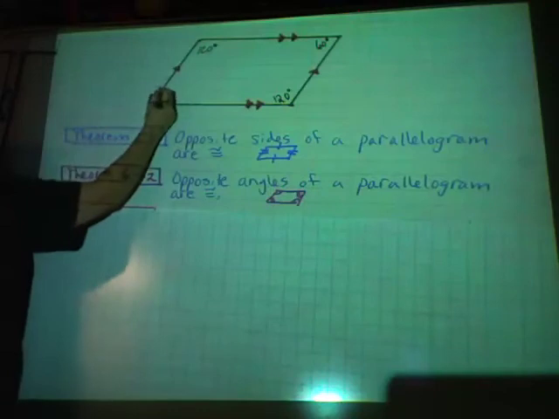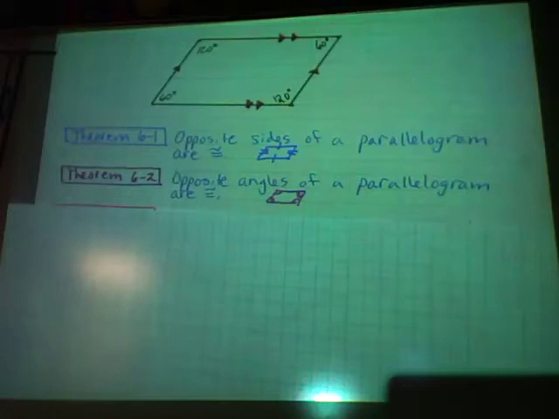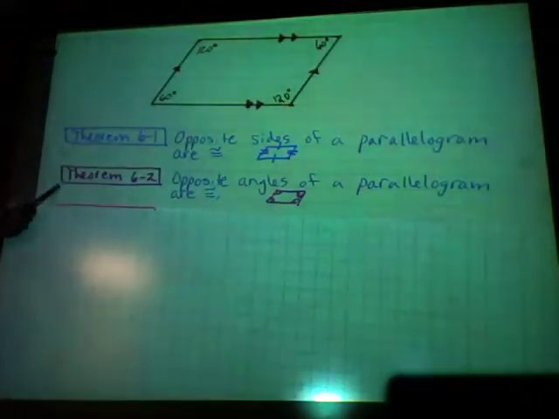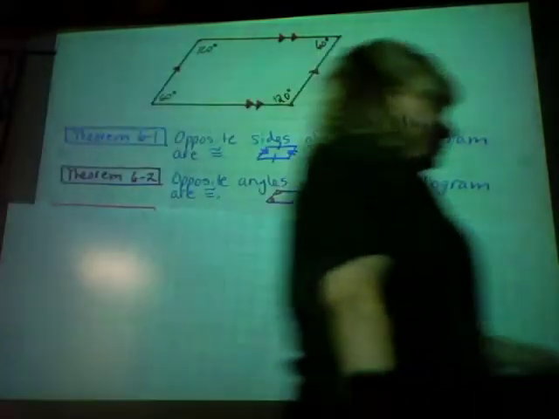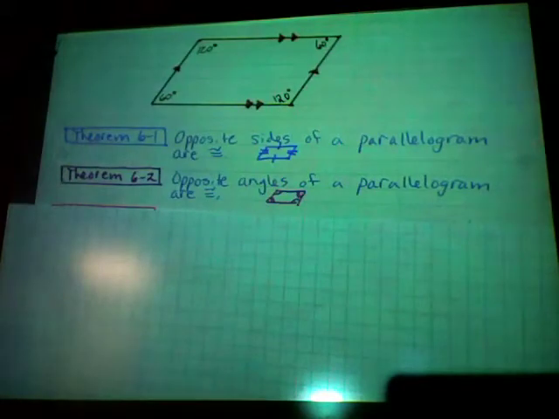And if that's 120, this is 60. So aren't opposite angles congruent? So I'd write that in there on that big one. So that's your proof, and that's why. Remember, it's a theorem, so there is a formal proof behind it. And that's essentially what that formal proof does, it talks about the parallel lines and the consecutive interior angles.